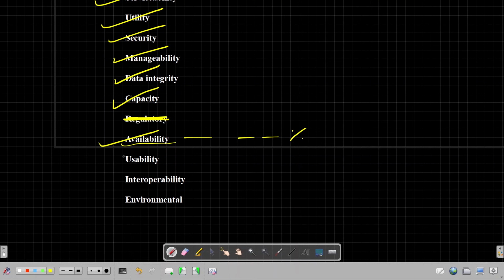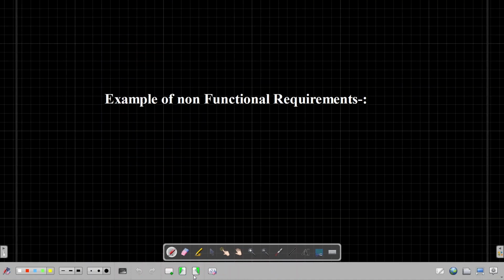Usability, again, there could be some NFRs regarding usability. Then there is interoperability, and there could be some NFRs related to environmental regulations also. So these are covered here. Let's move to the next slide now.